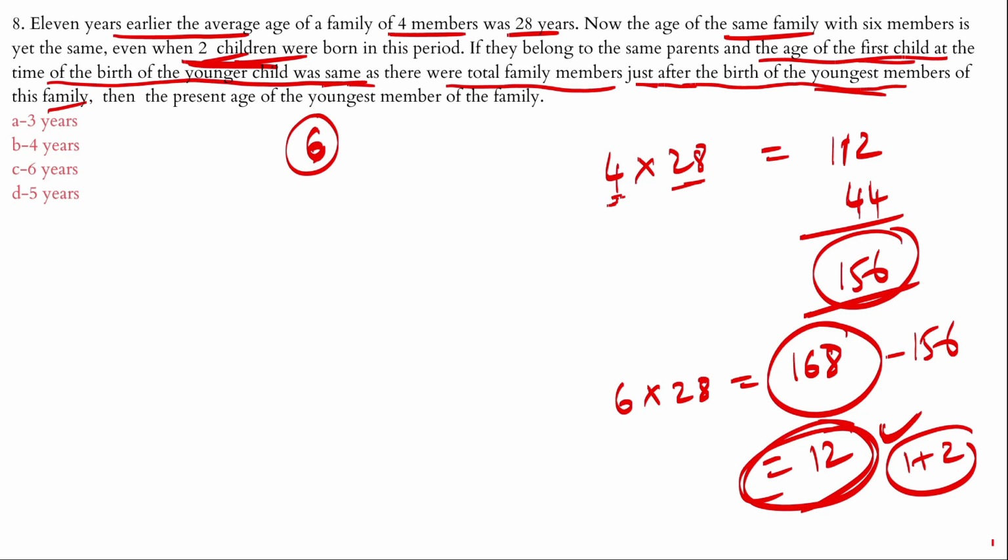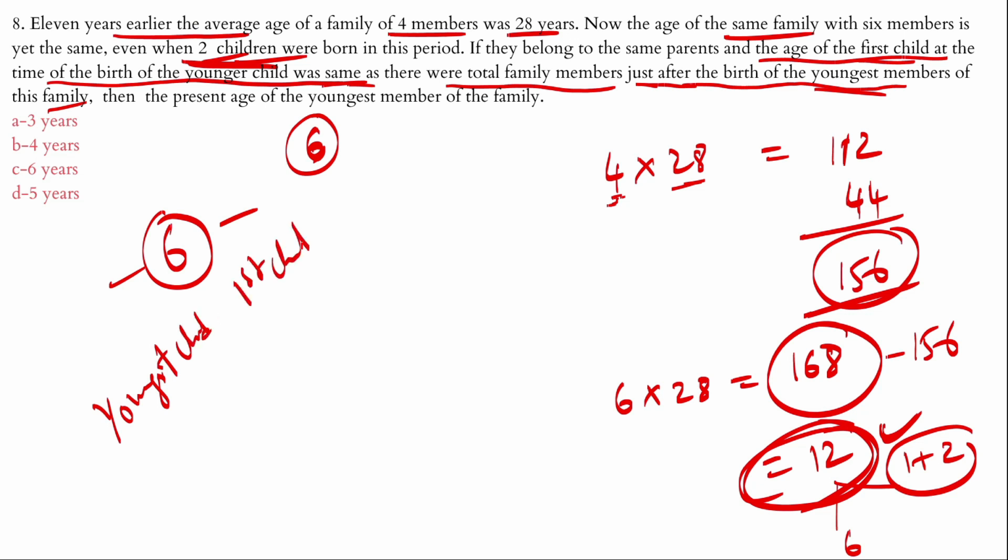We know that from this 12, 6 years belong to the first child, right? Then what about the remaining 6 years? See, this is the youngest child, this is the first child.